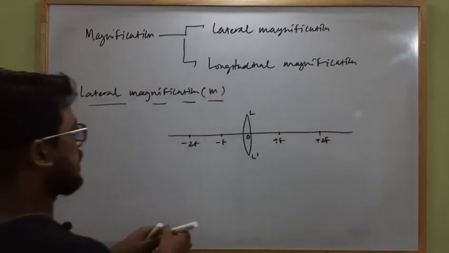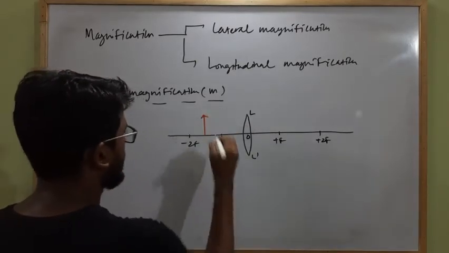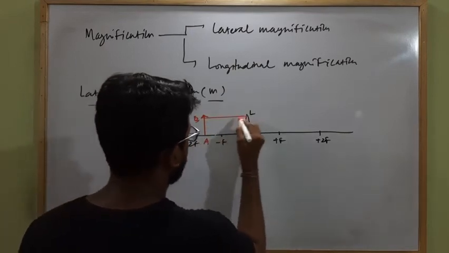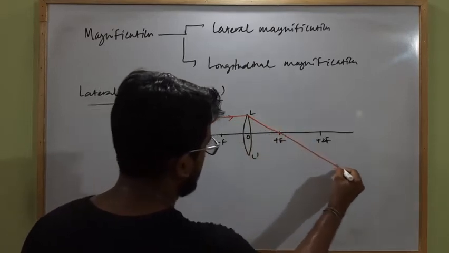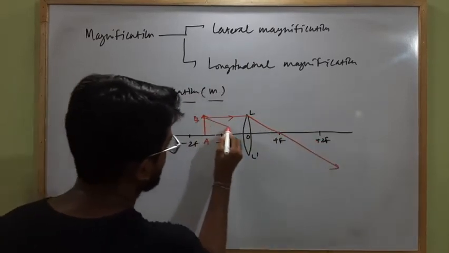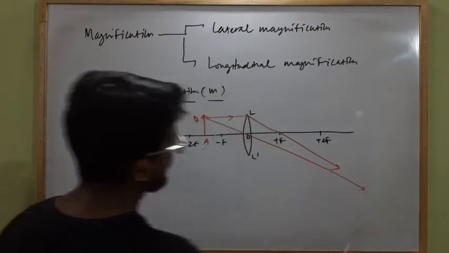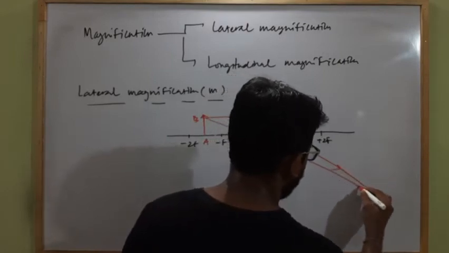So if here is an object present at this place, AB, an incident ray goes parallel to the principal axis and after refraction it will pass through the focus like this, and another ray goes through the optical center, which will go undeviated and move like this. So these two rays will intersect at some point here.